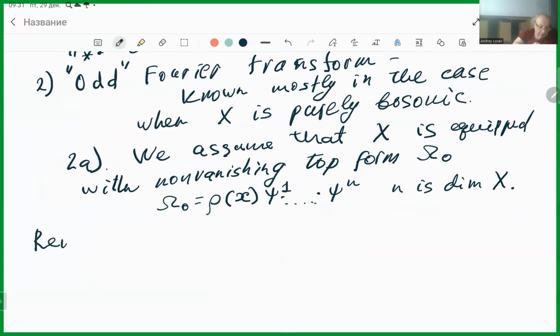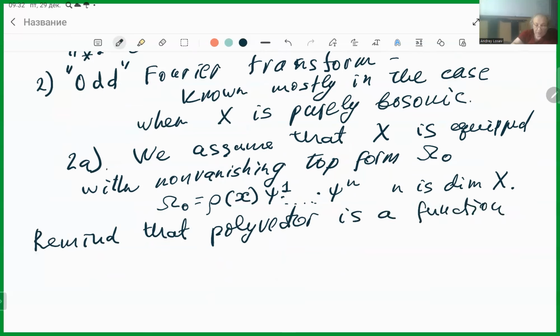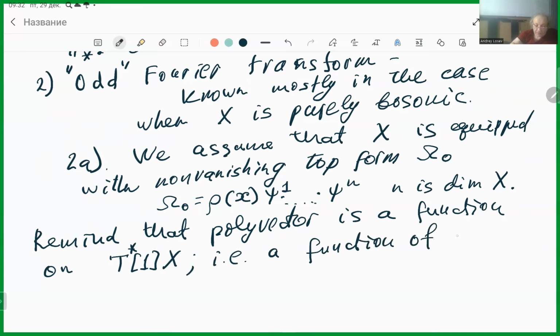Let me remind you that a polyvector is a function on the cotangent bundle to X shifted by 1 in parity. A function of x mu and theta mu.